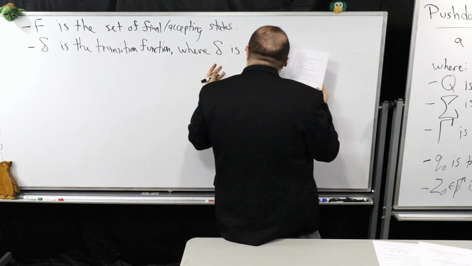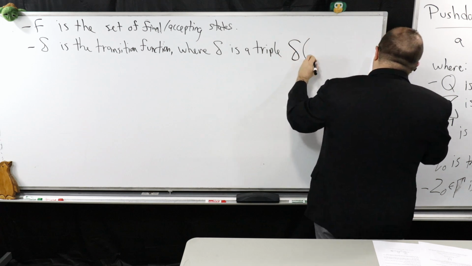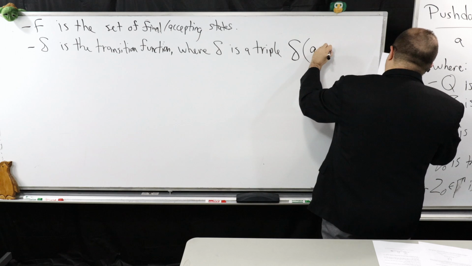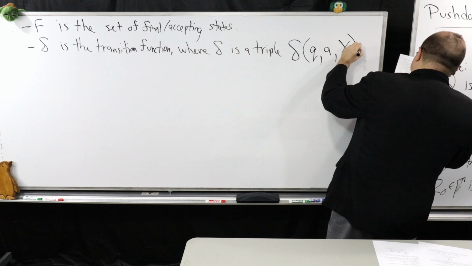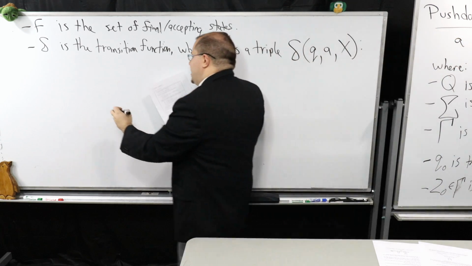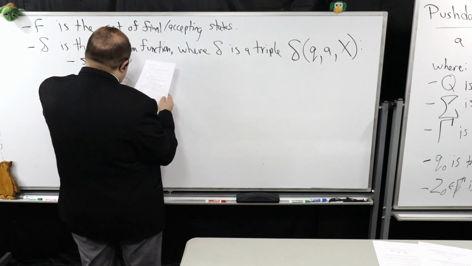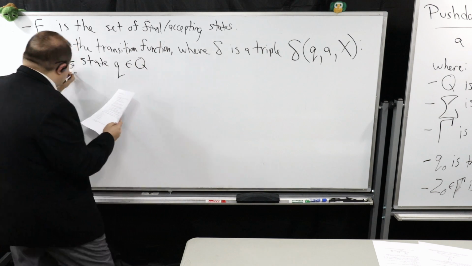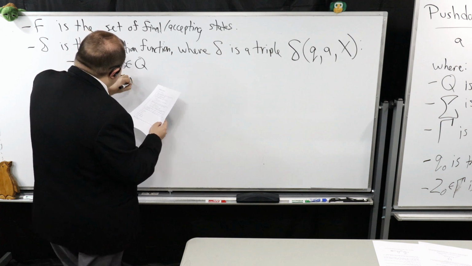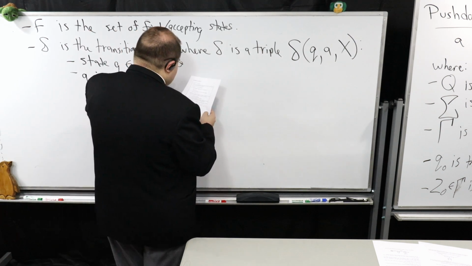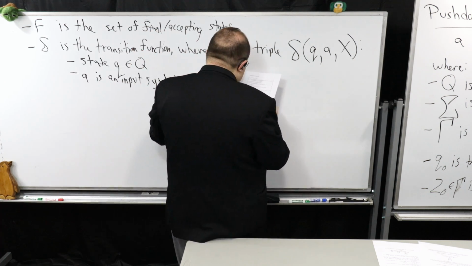It's not just a pair now, it's a triple, where delta has 3 parameters, Q, A, and capital X, where Q is a state in Q. A is an input symbol, not too much different, just we have this extra one, is an input symbol or epsilon.